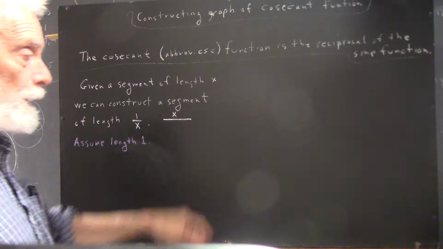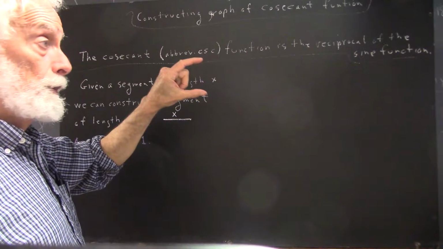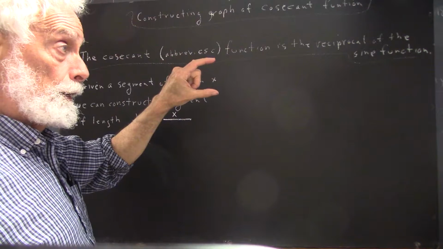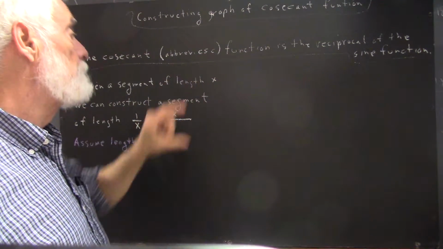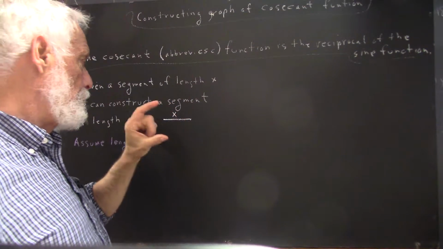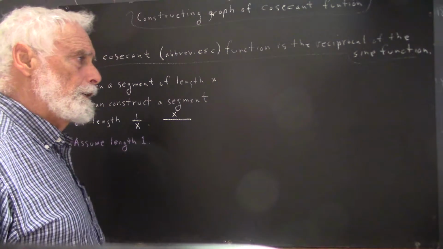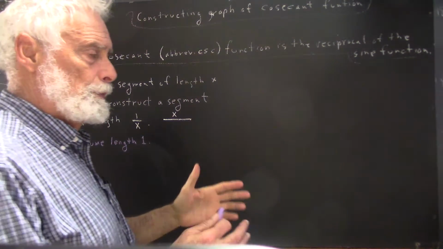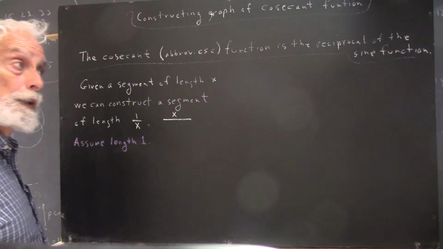So if you have a value of the sine represented by some constructed distance, you can then construct a representation of a reciprocal length. Now that is, as it's going to turn out, up to our choice of what we want to use for a unit. And we haven't specified any units.